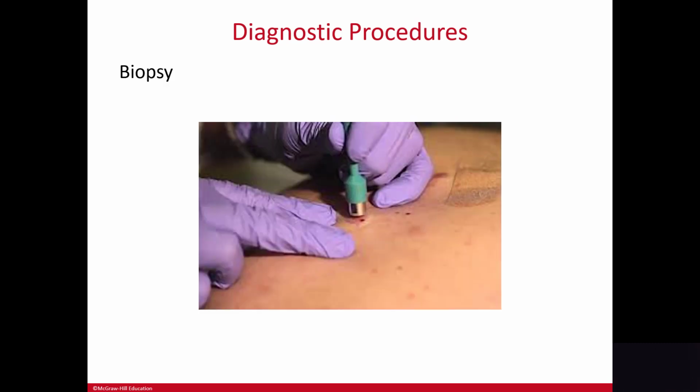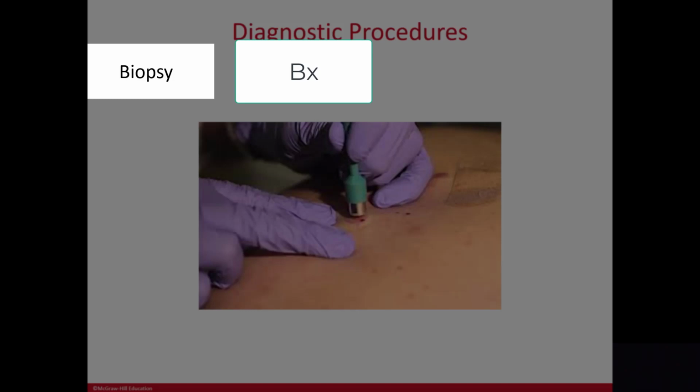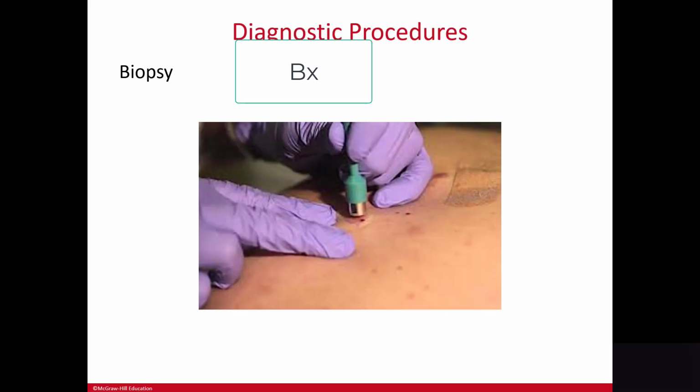In a biopsy, abbreviated BX, we take a piece of the living tissue and then we send it off to a lab for microscopic analysis. So we can determine things like malignancies, fungal diseases, immune diseases, things like that. Different types of biopsies include things like a punch biopsy, meaning you punch out a section of the tissue.